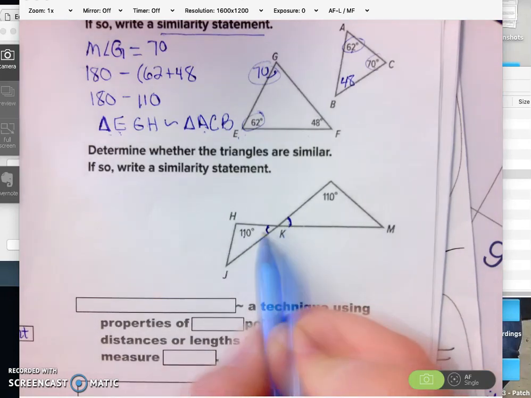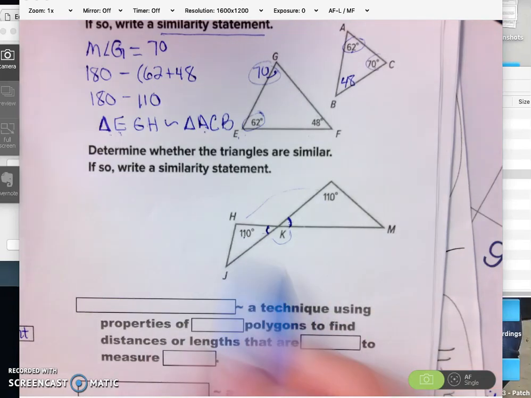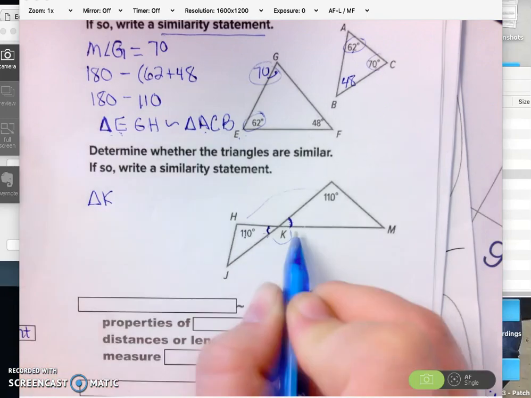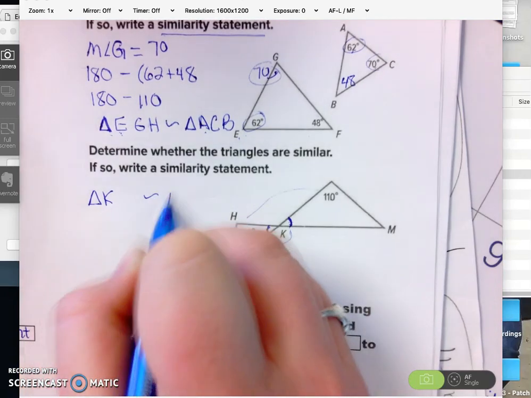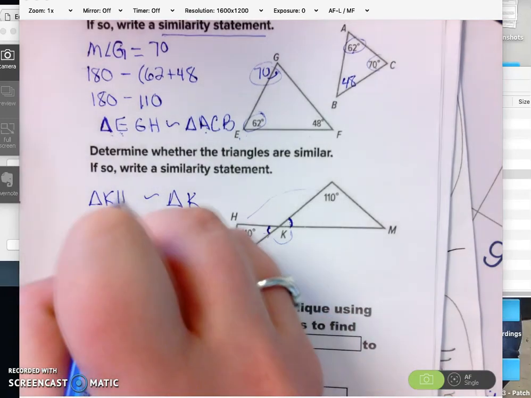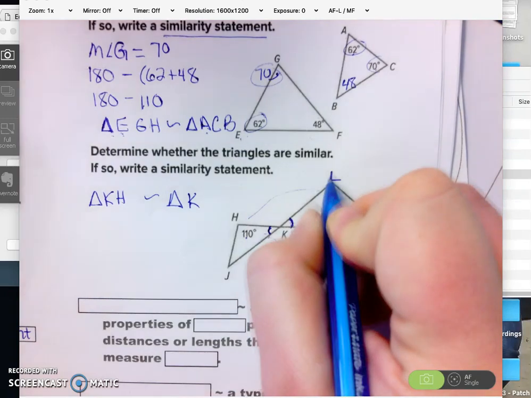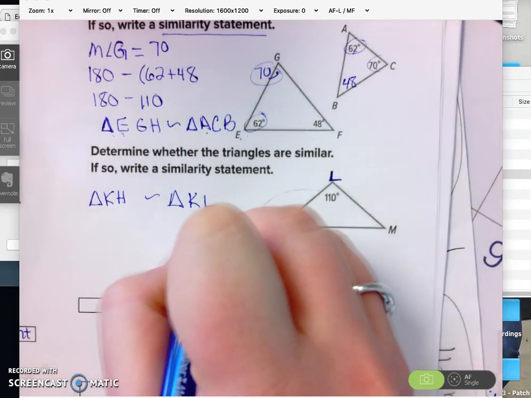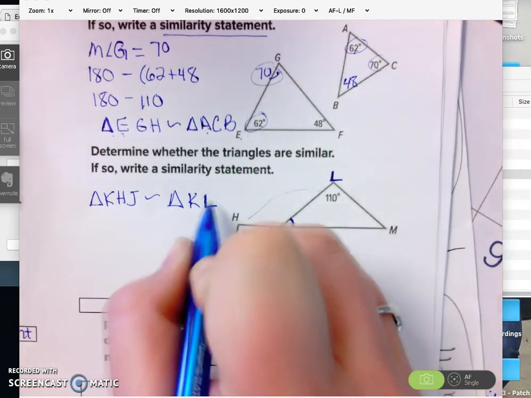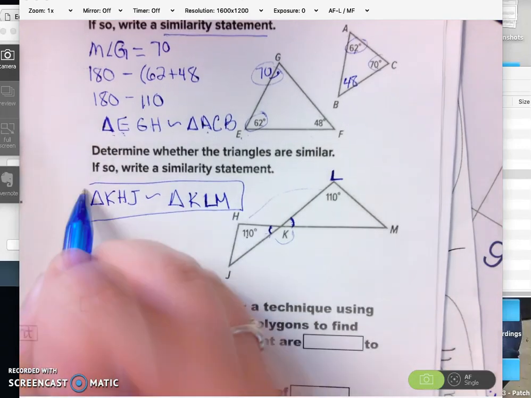So I'm going to write my K first, so triangle K, and I could even do similar to triangle K. Then I'll go to the 110, H, and this one does. We'll put L here. So L, right, next, and then J and M. So this is our similarity statement.